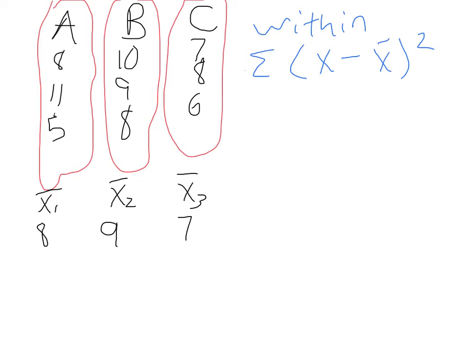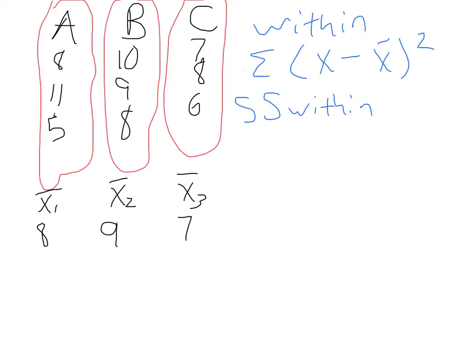The first term is 8 minus 8 squared. 11 minus 8 squared. 5 minus 8 squared. 10 minus 9 squared. 9 minus 9 squared. 8 minus 9 squared. 7 minus 7 squared. 8 minus 7 squared. And 6 minus 7 squared. Add all those up and you get a within term. And this is actually called your sum of squares within.